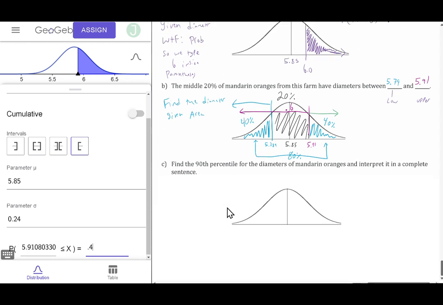All right, the last example here says, find the 90th percentile for the diameters of mandarin oranges and interpret it in a complete sentence. So if we looked for the 90th percentile, the 90th percentile would be the value that has 90% of the distribution to its left.